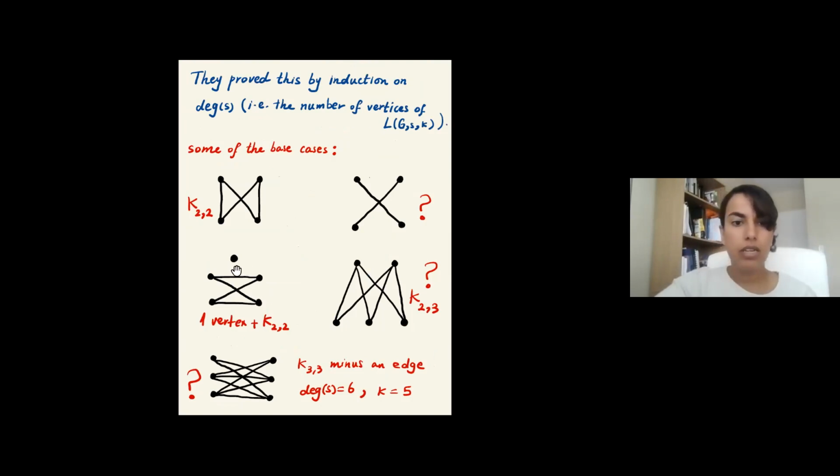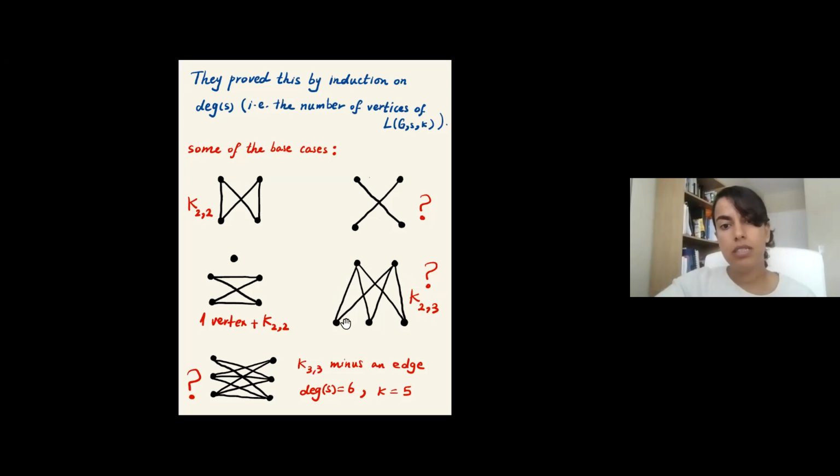So here you see the isolated vertex plus complete bipartite, but through the induction, they just wrote complete multipartite. The property of being bipartite didn't carry over through the induction. Here is complete bipartite, K2,2. I have question marks next to the other graphs because the specific properties of those graphs didn't carry over through the induction.